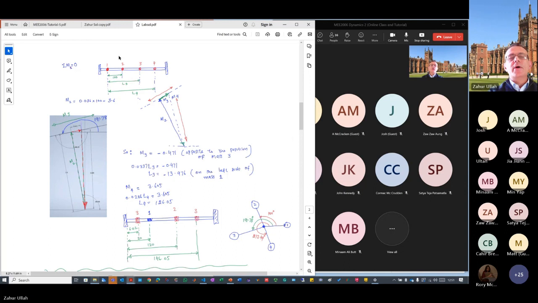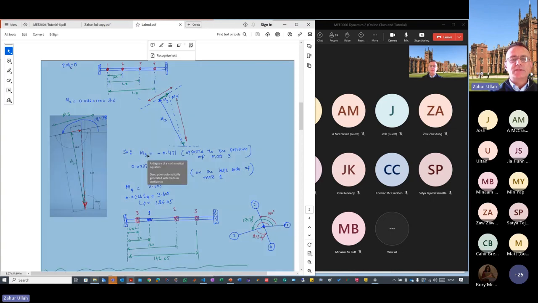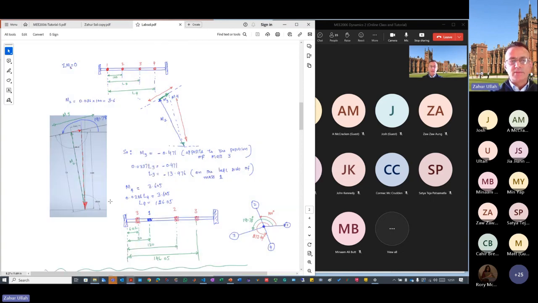If we manage to calculate L3 and L4, then this is what we need. So you can just take moments, for example, from 1. If you take the moment from 1, then you can draw this polygon here, and this will be our moment polygon. As you can see in this figure, because we are taking moments from 1, the force will not produce any moment.